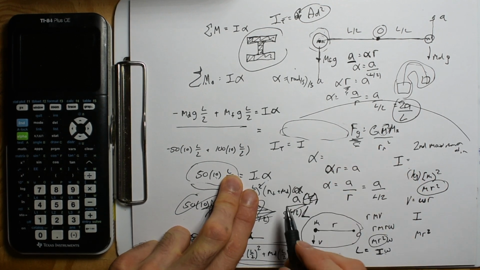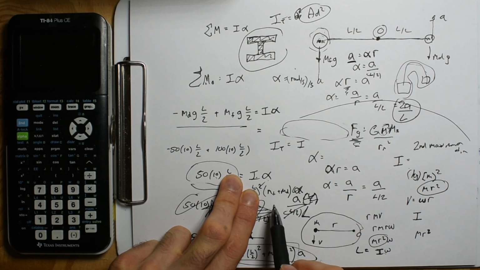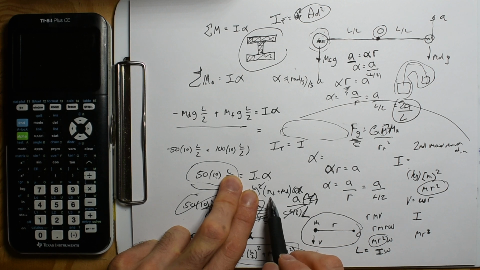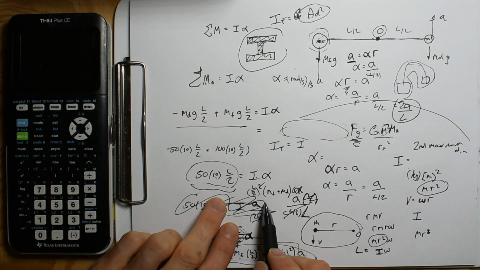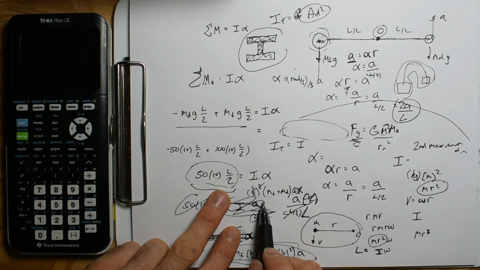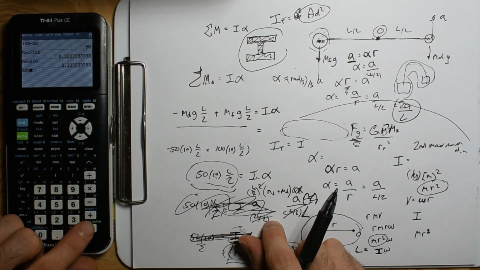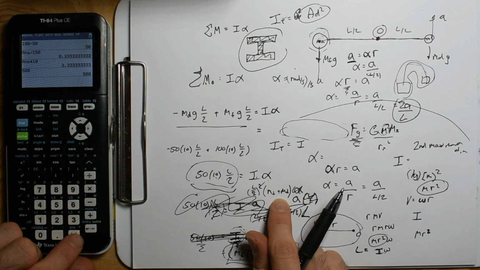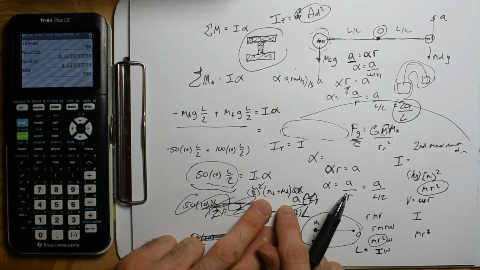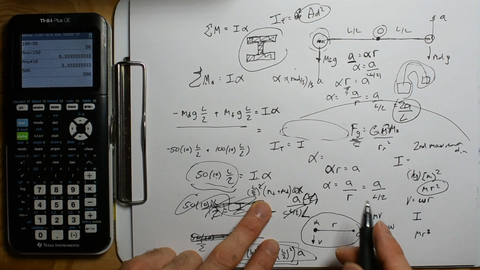I apologize, I'm just running out of room here. But now we did it. We have 500 is equal to mass of the father, mass of the daughter.